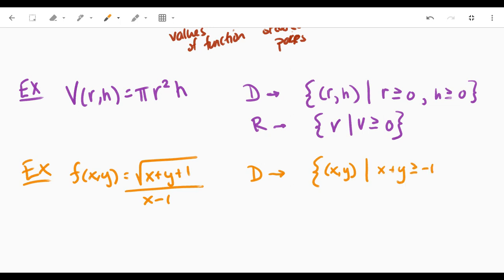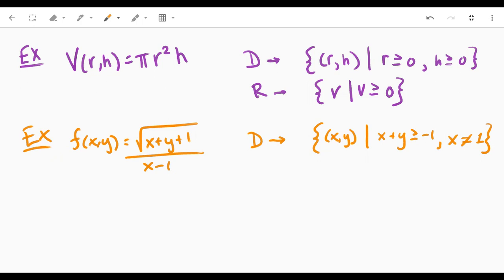That's what I mean by looking at them together. It's not enough that x is greater than -1 and y is greater than -1. It's the ordered pairs such that when you add them together, they're greater than or equal to -1. But also x cannot equal 1 because of that denominator. So we can list those restrictions there.